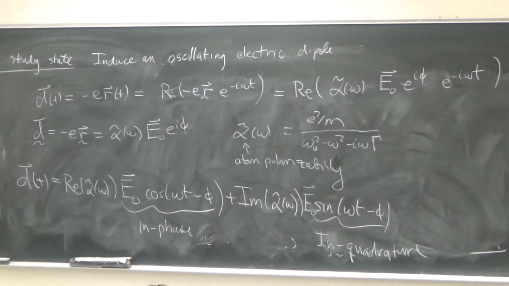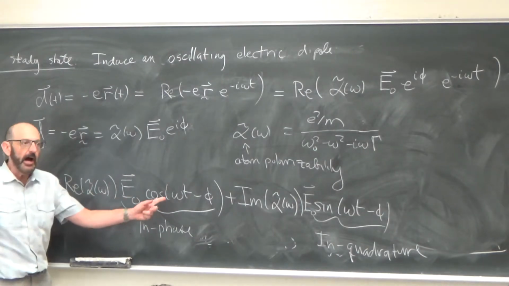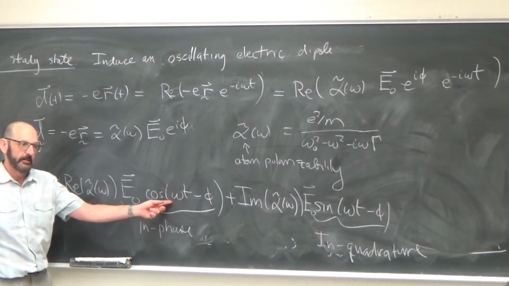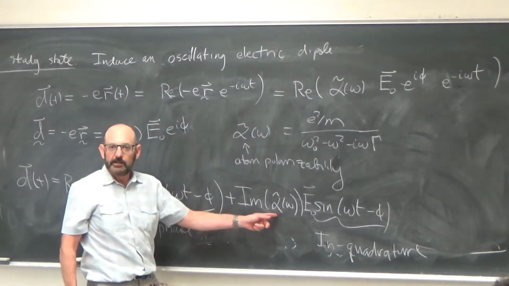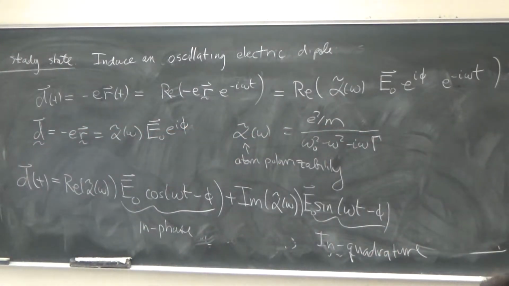So, one important lesson here is that the real part of the polarizability tells me what part of the dipole oscillation is oscillating in phase with the drive. And the imaginary part tells me what part of the induced dipole is oscillating in quadrature.